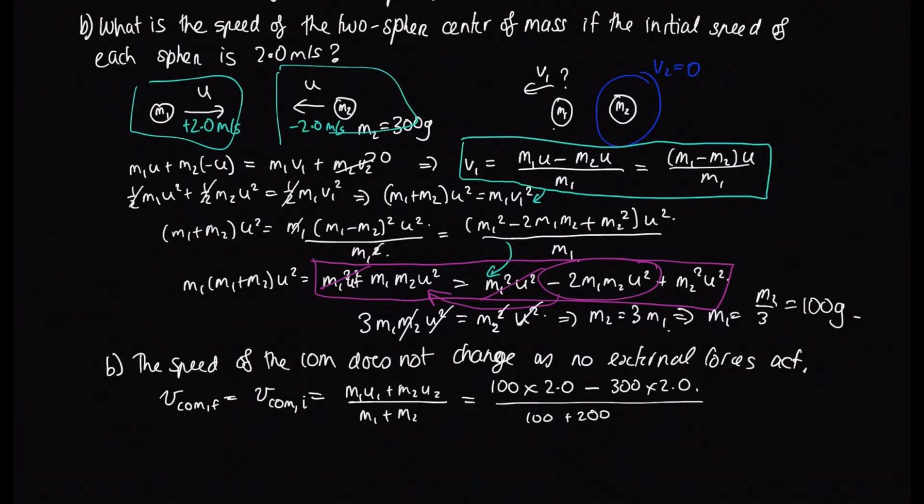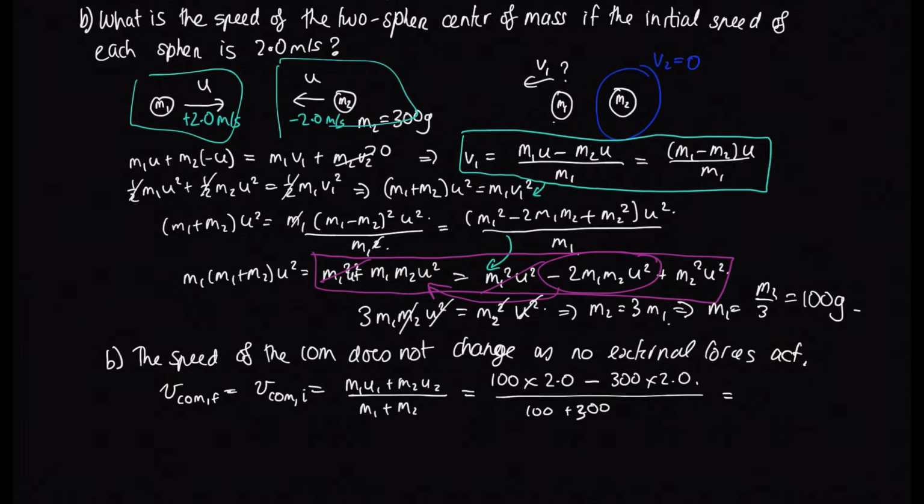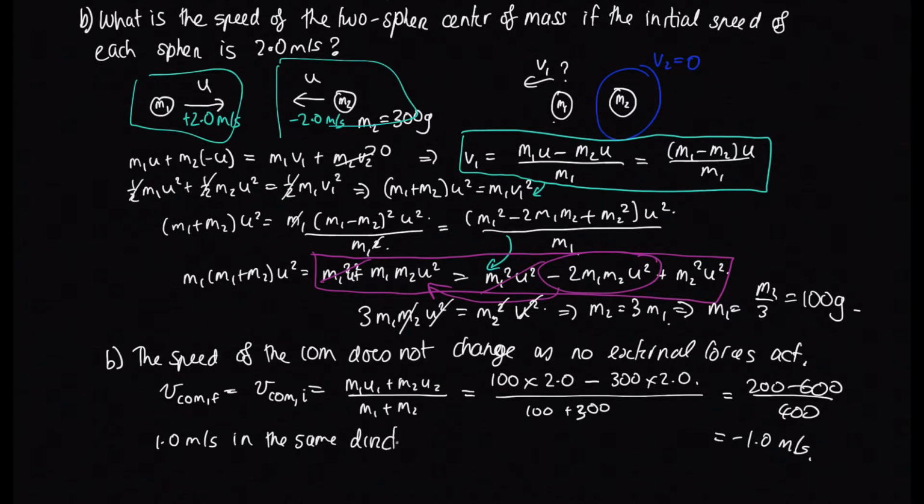Oh, sorry, 100 plus 300. And so we've got 200 minus 600 over 400, and so this is equal to minus 1 meters per second, or 1 meters per second in the same direction as the 300 gram sphere.